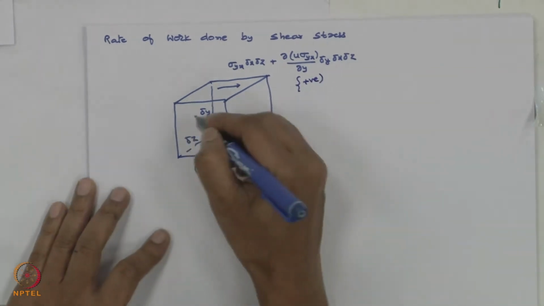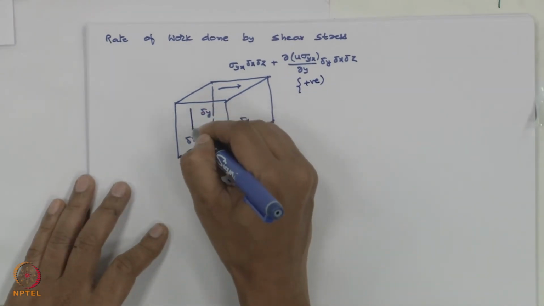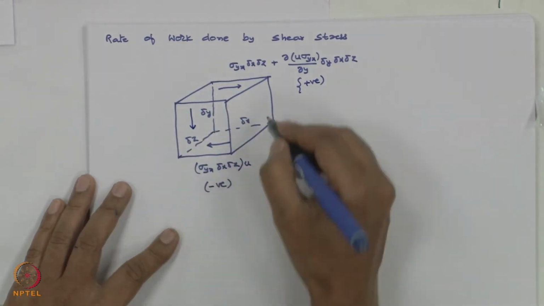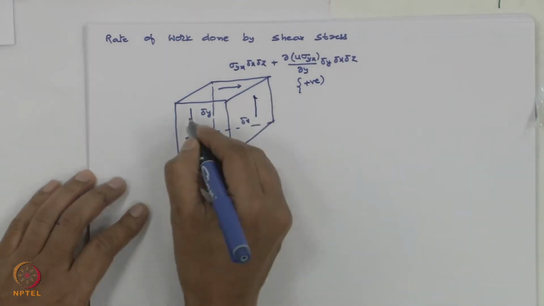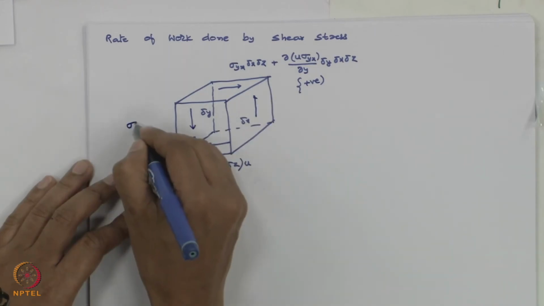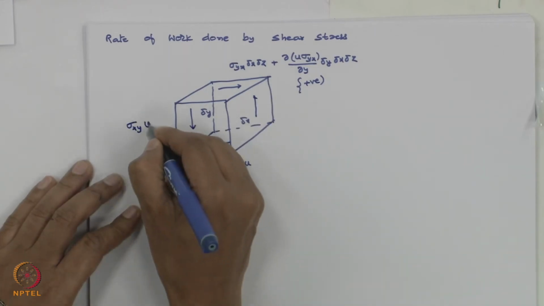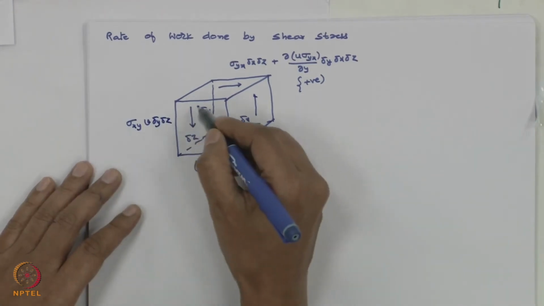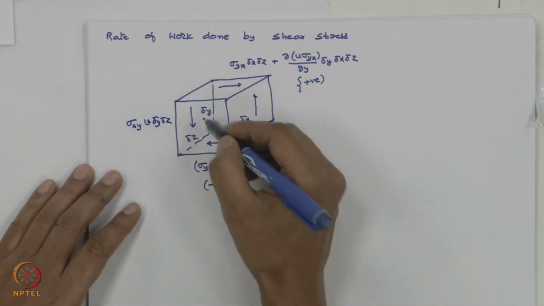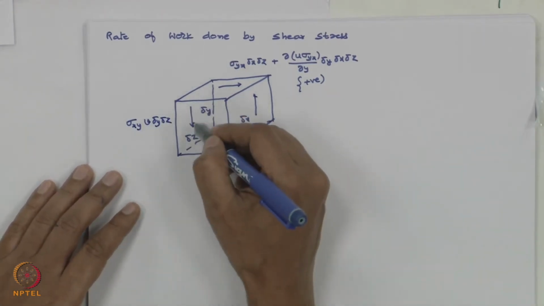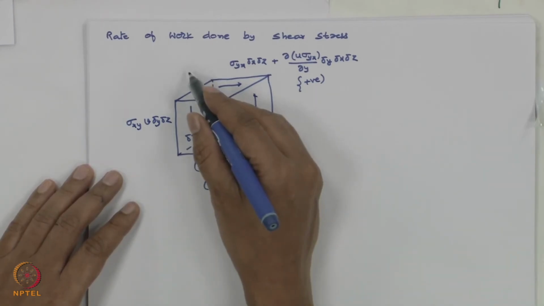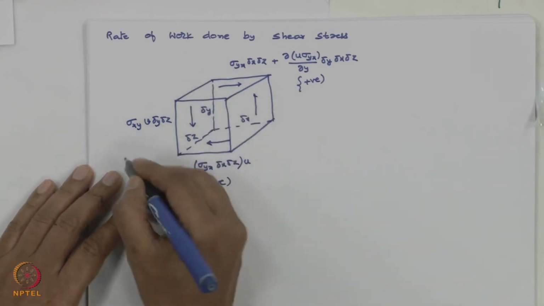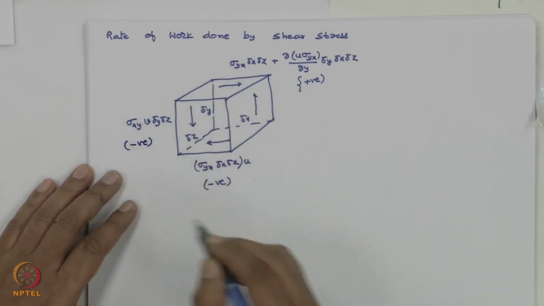Now there are two more stresses, that is sigma xy, on this side, with velocity v into delta y delta z. Sigma xy is in this direction, but the velocity is from bottom to top, so it is opposite, so you are getting negative.